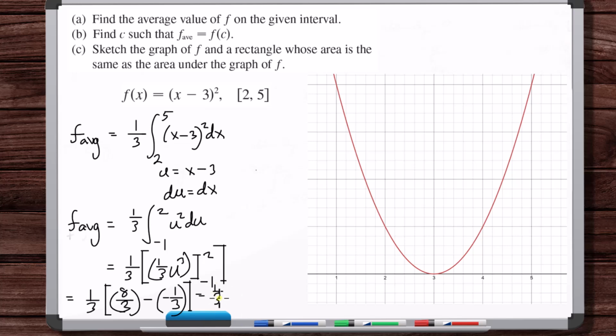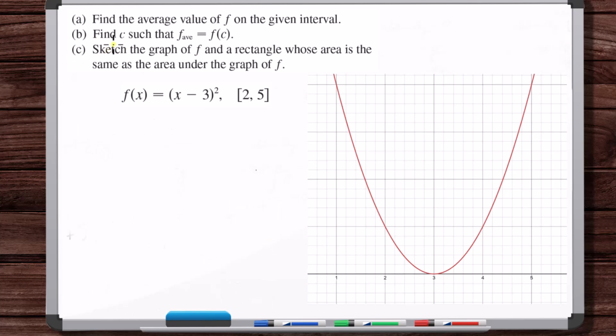So 1/3 times 8/3 plus 1/3. That's 9/3. 9/3 is 3. 3 times 1/3 is 1. So f average is equal to 1.